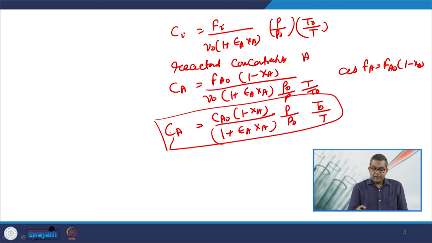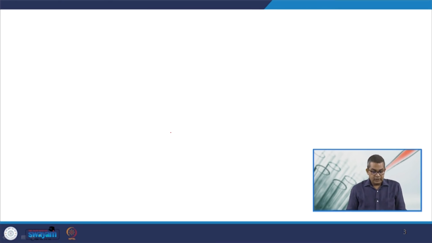Now similarly, if we wish to have this type of equation for reactant B, let us put it this way.